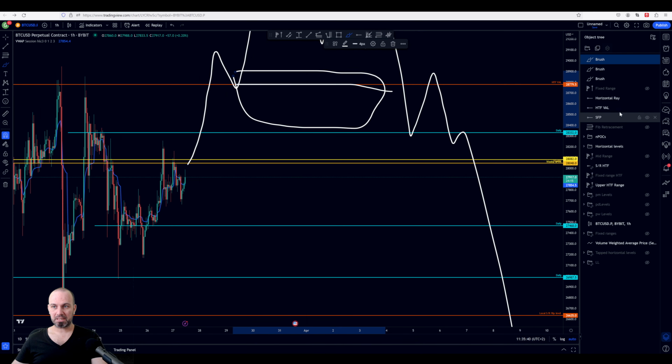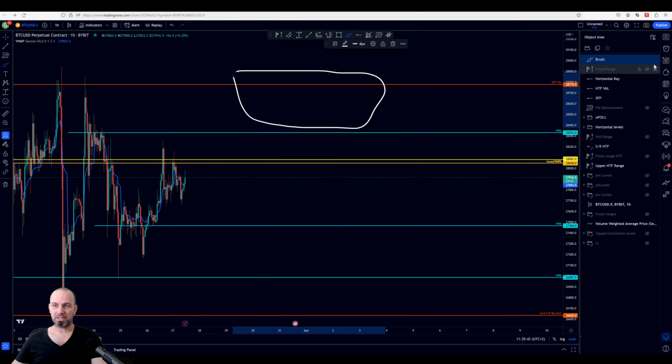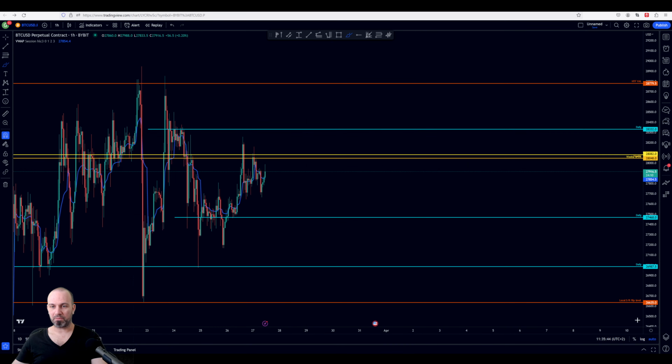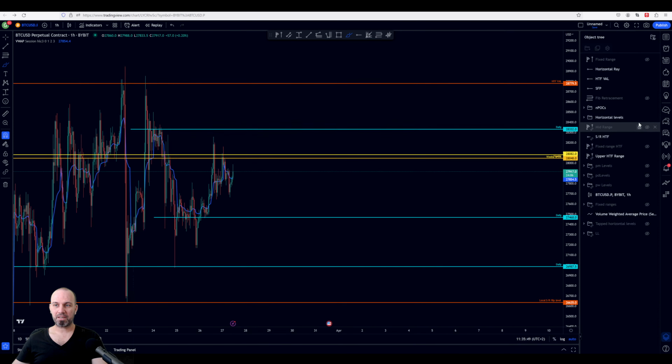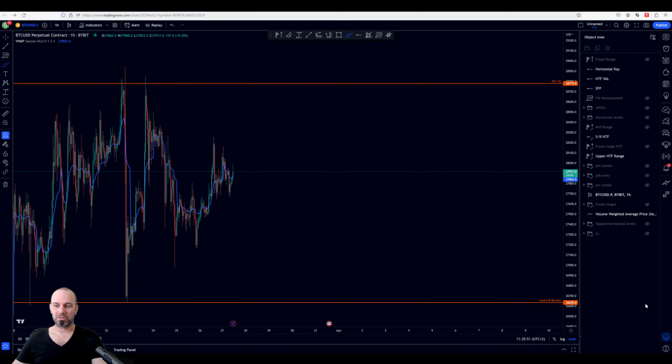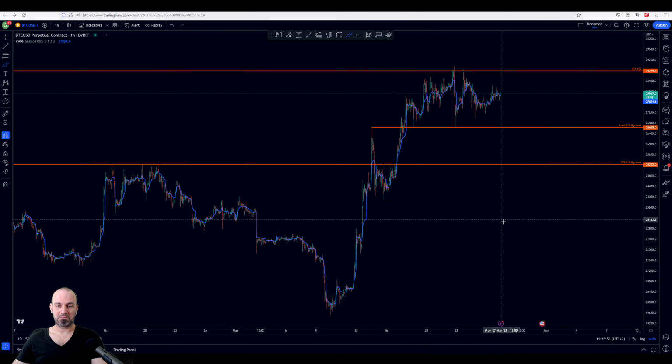So those are the levels that we need to take into consideration, or at least I will take into consideration, starting with low time frame and then moving to high time frame. Very well, sorry about that. These levels, as you can see, are very well respected, and we do have levels to the upside and levels to the downside.